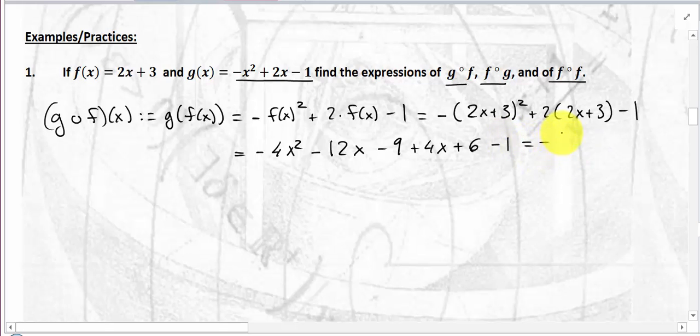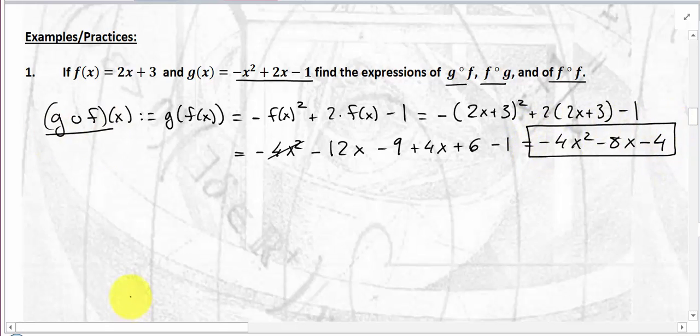And so we have negative 4x squared. The x's I have minus 8x, and then plus 6 minus 9 minus 3 minus 4. Here we go. This is the rule of assignment for g of f.